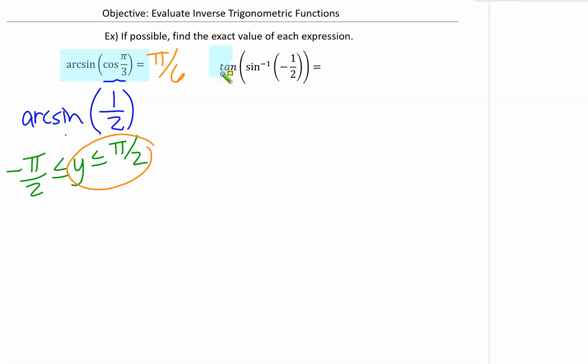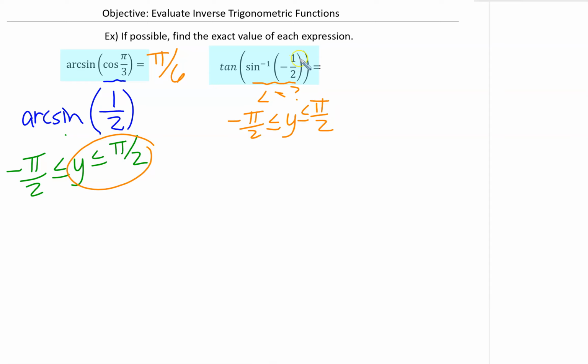For this one right here, we've got tangent of sine inverse of negative 1/2. So again, doing what's inside our parentheses first. If we're doing an inverse trig function, we're looking for an angle. And for sine inverse, again, we're looking at negative pi halves to positive pi halves, first and fourth quadrants.